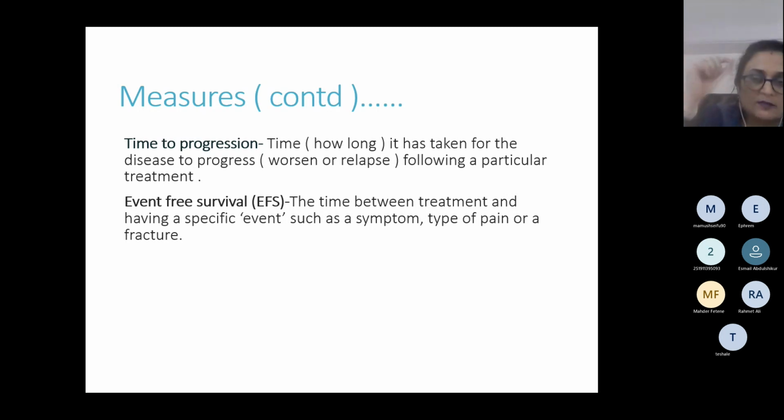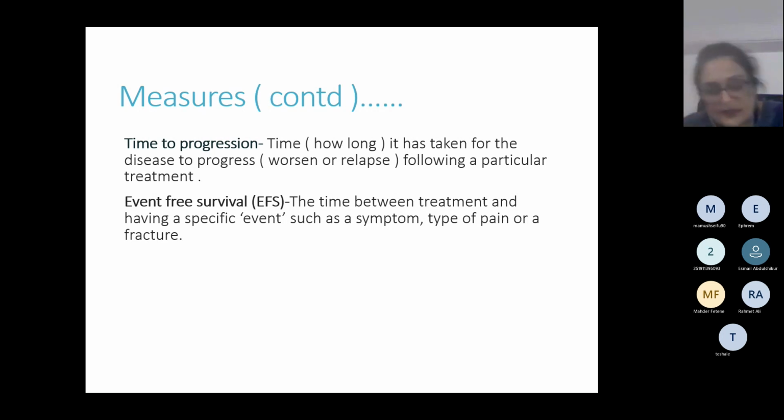So any one symptom occurs, and that time period is called event-free survival. From the time you give treatment till the time the symptom comes back, like pain, fracture, anything for that matter, that time period is called event-free survival.